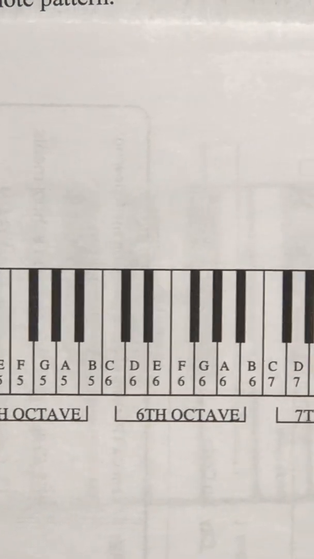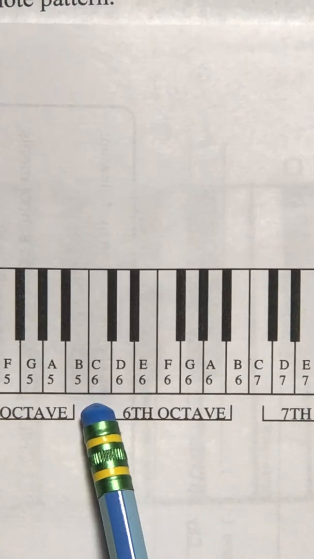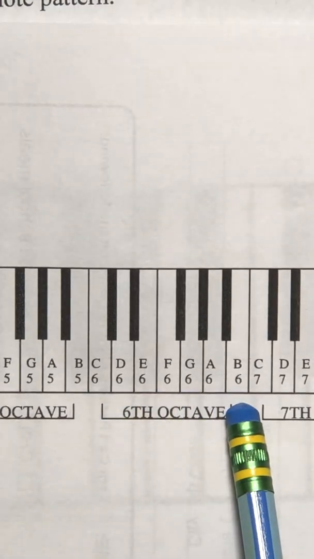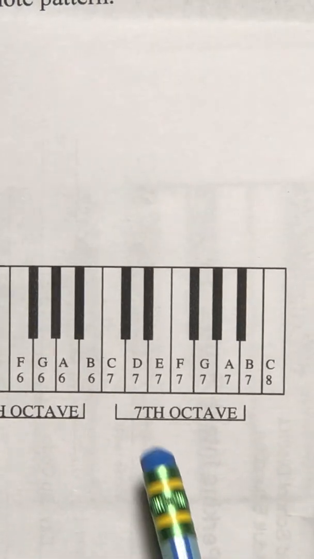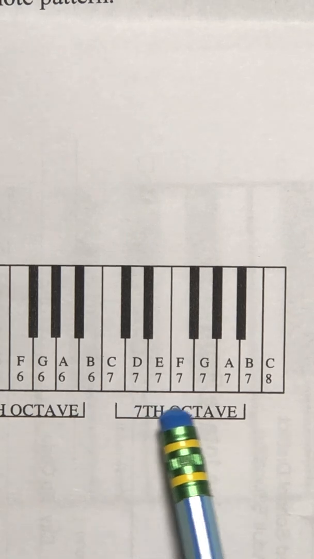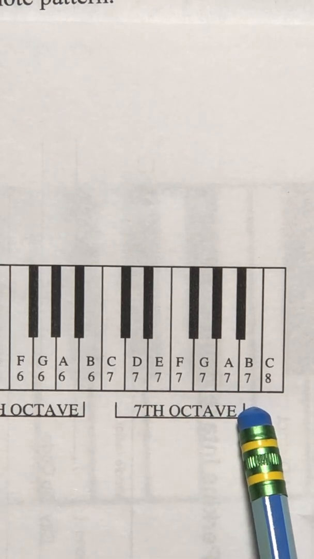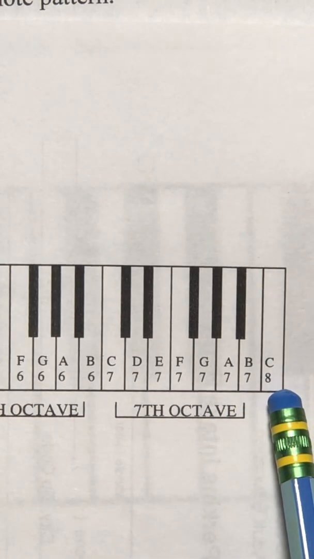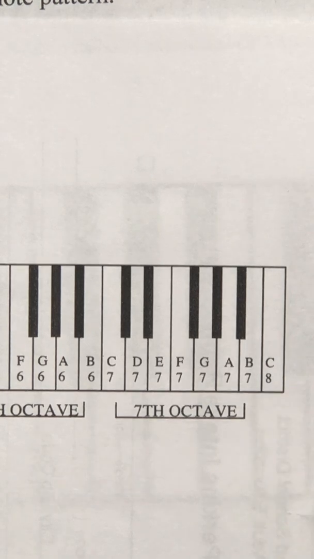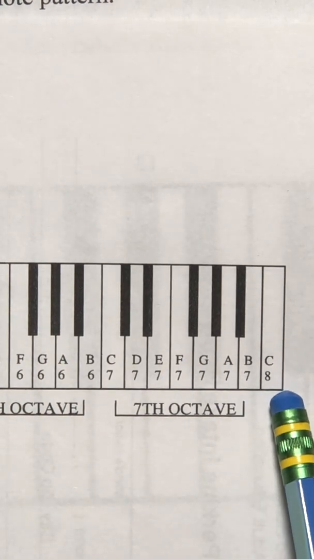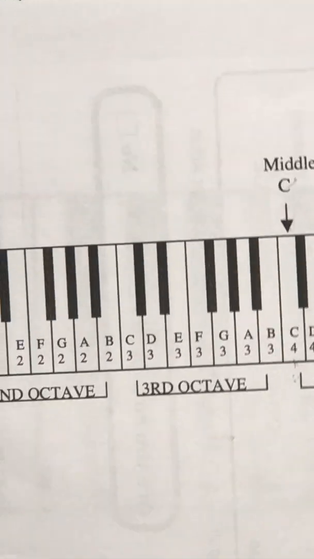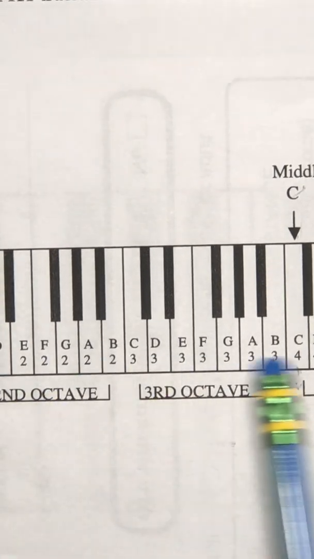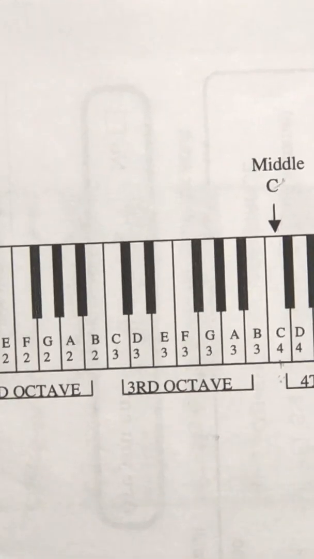Sixth octave, C6 to B6. Seventh octave, C7 to B7. And we have a final C at the very top of the piano called C8. Remember that from playing from the left to the right, the tones get higher.